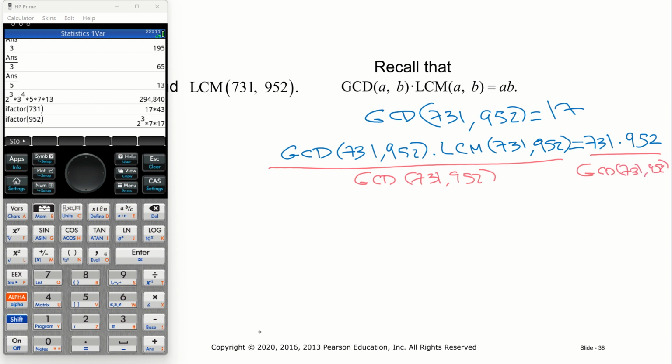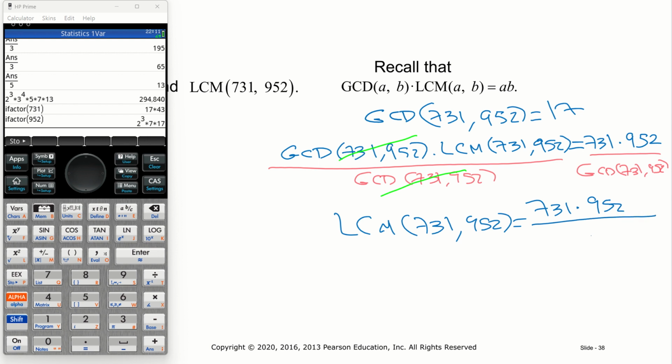All right, so notice these guys will cancel out. We just end up with the LCM of 731 and 952 being basically the product 731 times 952 divided by the GCD, which we have just found to be 17.